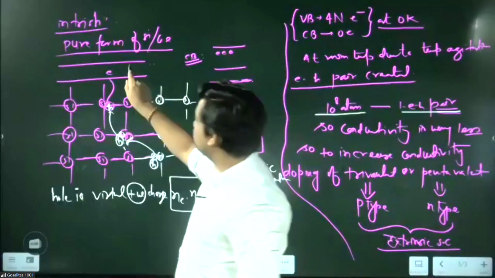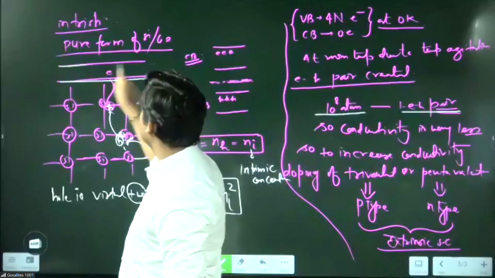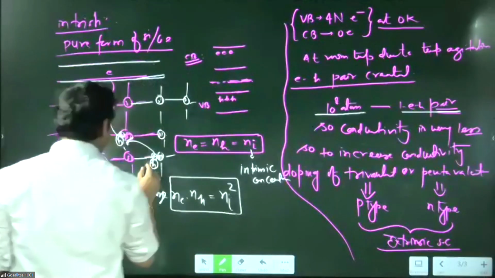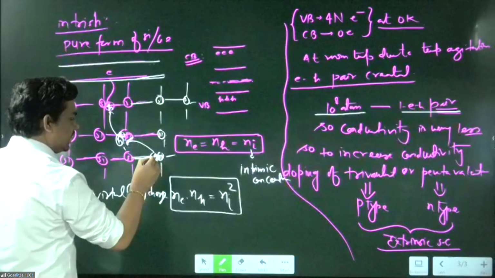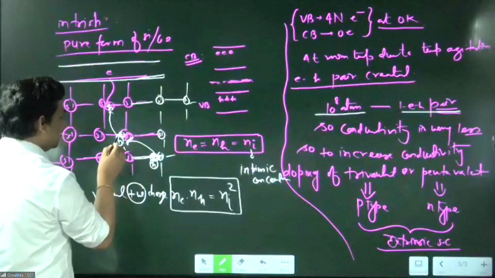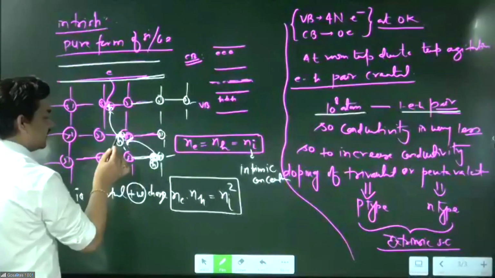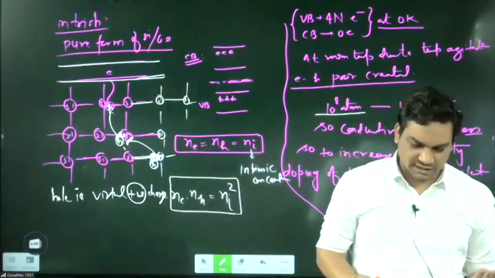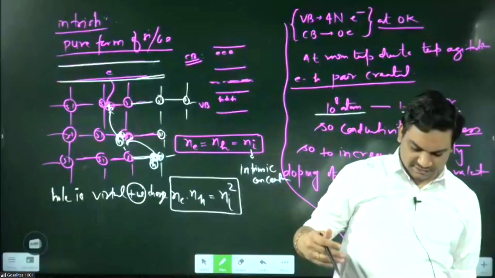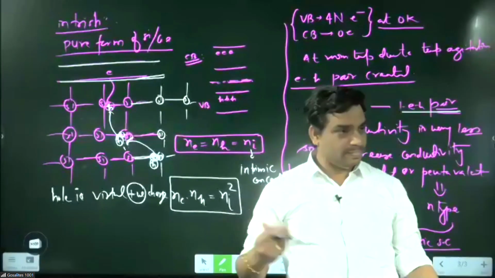Listen, if this becomes free, it moves in the conduction band. And this electron is basically the bounded electron, which finds that a hole is there. I will explain like this so you can easily get it.